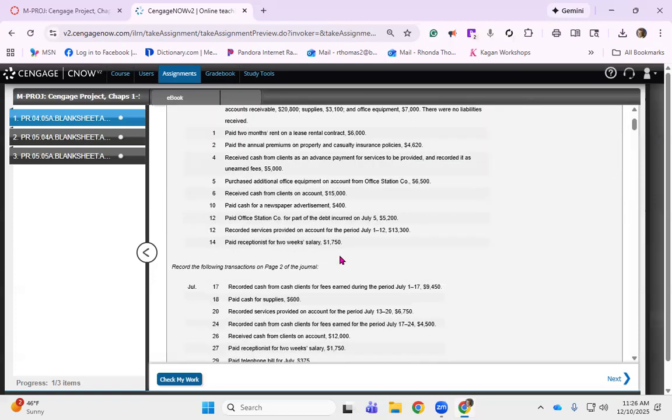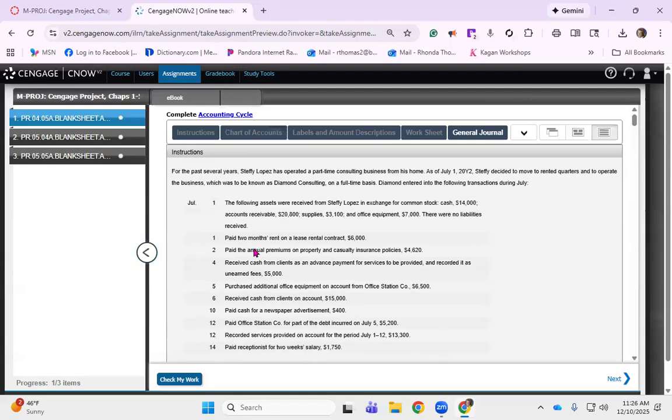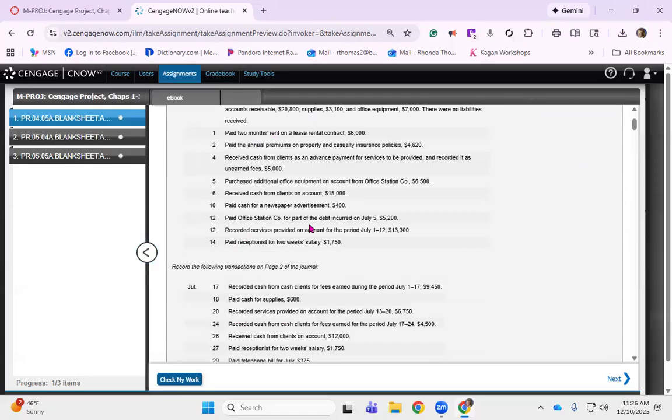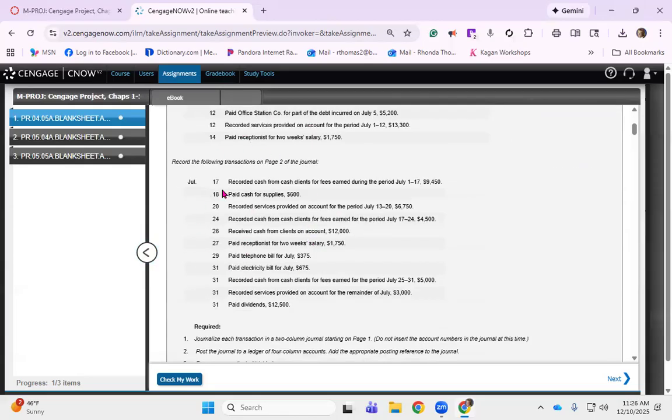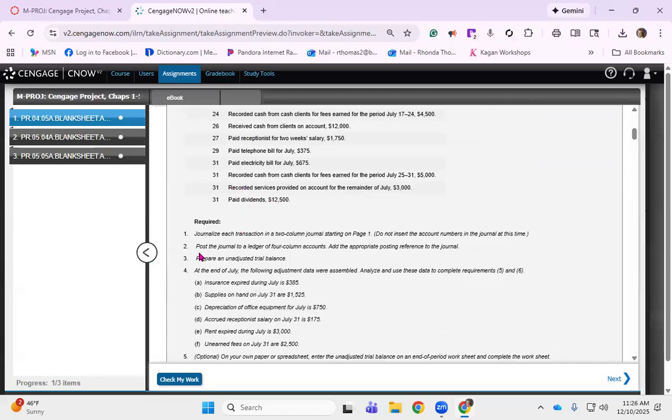But we're going to use T accounts to help us figure out what's going to be debited and what's going to be credited. We've got a page 1 of the journal and a page 2 of the journal. Then we're going to post all of our entries to the ledger. Once we get them all posted to the ledger, we're going to prepare an unadjusted trial balance.